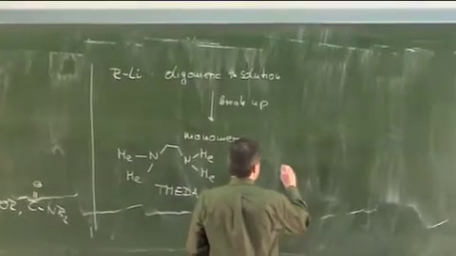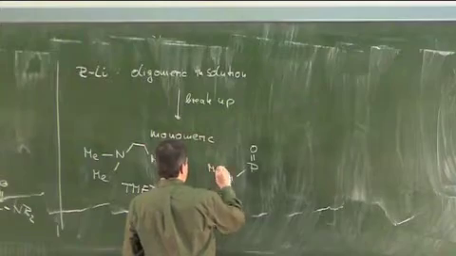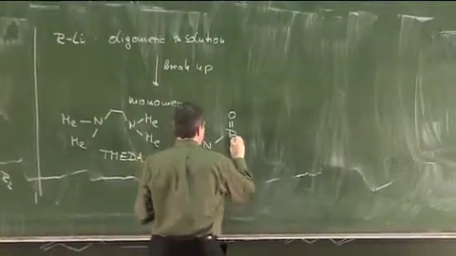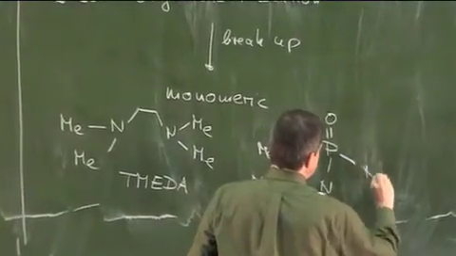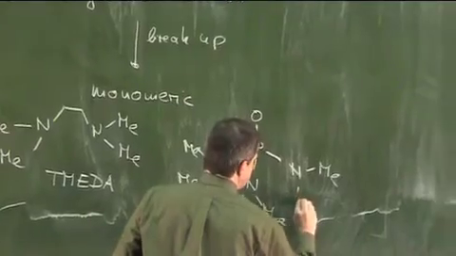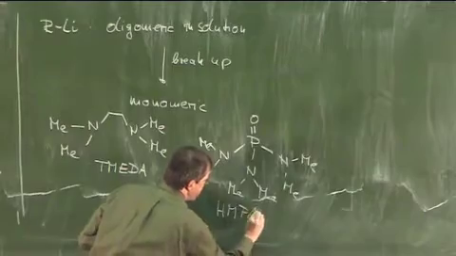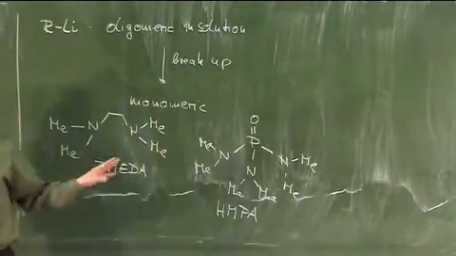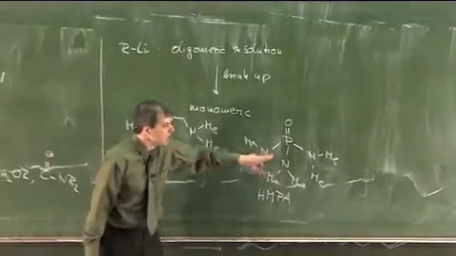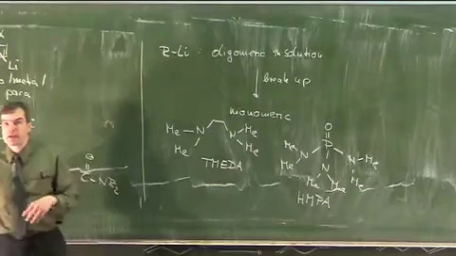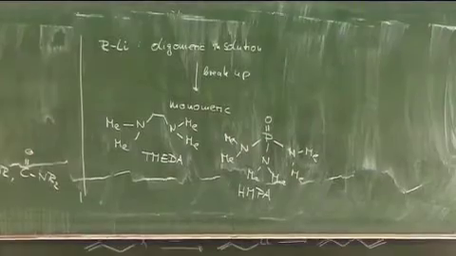Another now infamous compound is hexamethylphosphoramide, commonly abbreviated as HMPA. Now this is an excellent reagent to break up these oligomeric structures, to chelate the lithium, to make very reactive alkyl anions. It's absolutely wonderful from a chemical point of view.